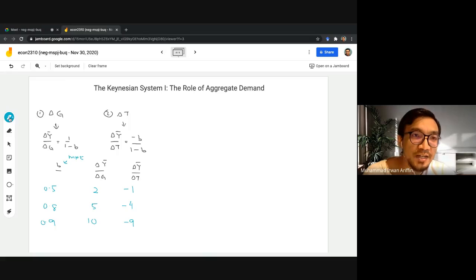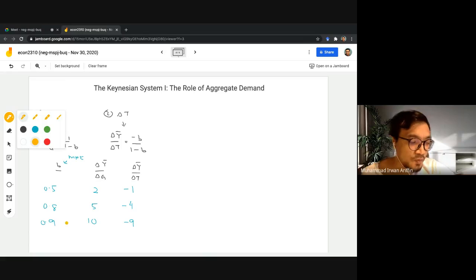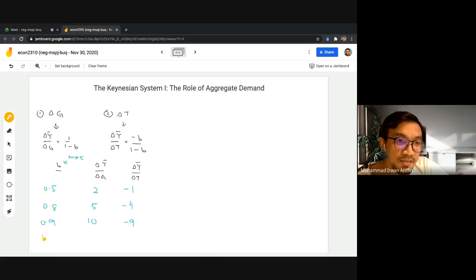Try to detect the pattern. You should be able to see that the absolute value of the tax multiplier, so ignore the negative sign, this is 1, this is 4, this is 9, is always equal to what?